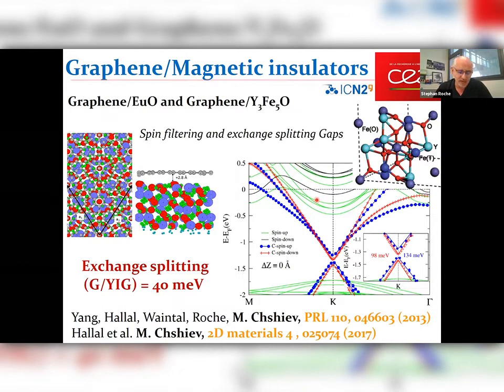This is a theoretical work, which was one of the first to demonstrate that graphene can become magnetic when you deposit it on a magnetic insulator such as YIG, in which the exchange coupling for a super clean interface was predicted to be gigantic. As a result, a very sizable band gap could open, along with spin splitting of the band structure.